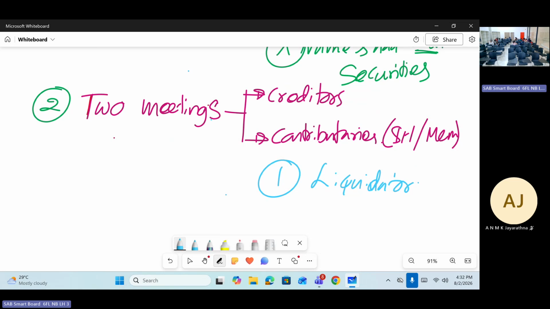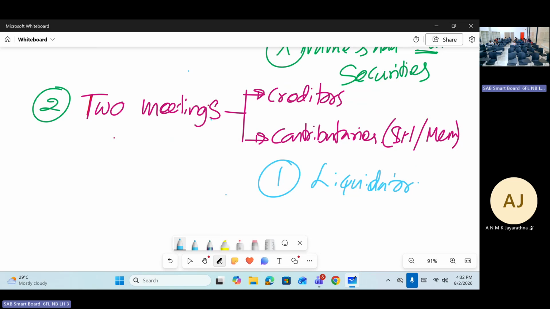He will monitor the affairs of the company until then. After the winding up order, the court will appoint the liquidator. So in order to decide whom to appoint, he must hold two separate meetings of creditors and contributors. That is one reason for the two separate meetings.